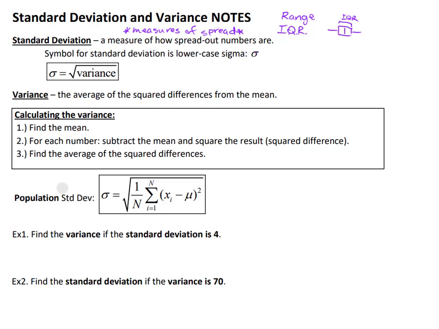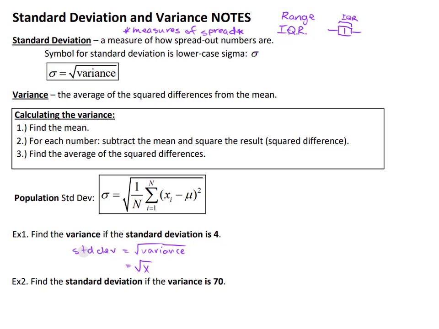So we're going to use this formula really quick to answer our first 2 questions here. Find the variance if the standard deviation is 4. Using this formula up top, we know that the standard deviation is equal to the square root of the variance. It says find the variance, so variance is what we're solving for. Let's just plug in an x there.